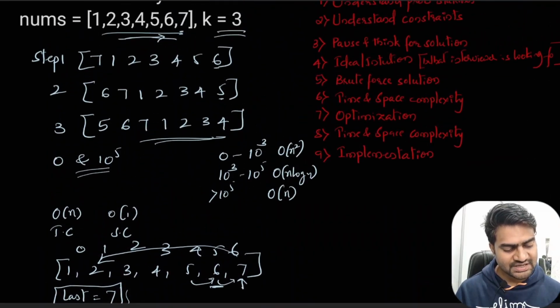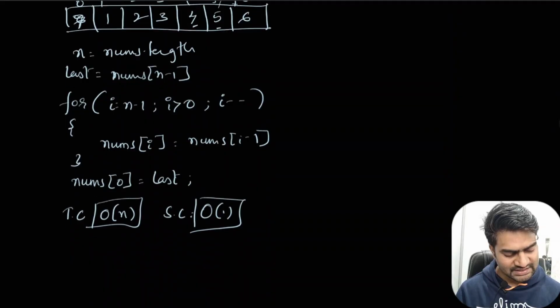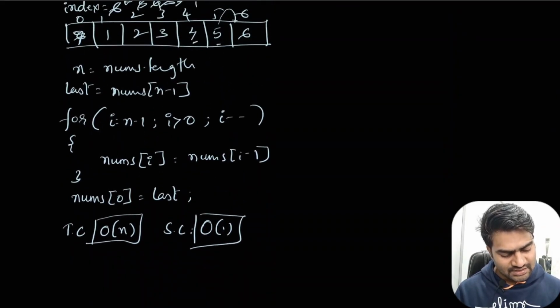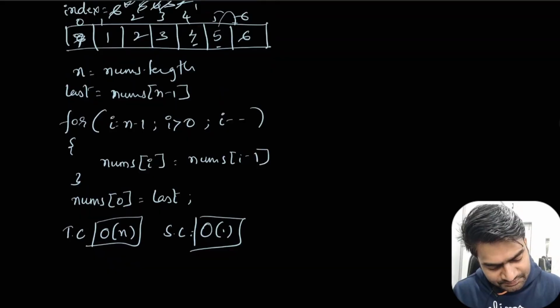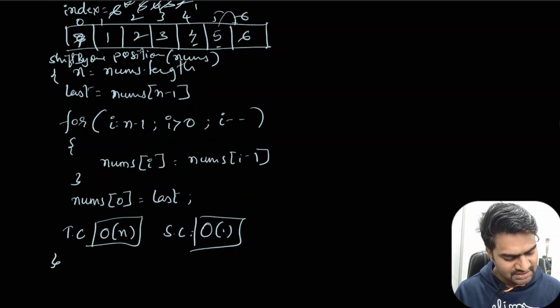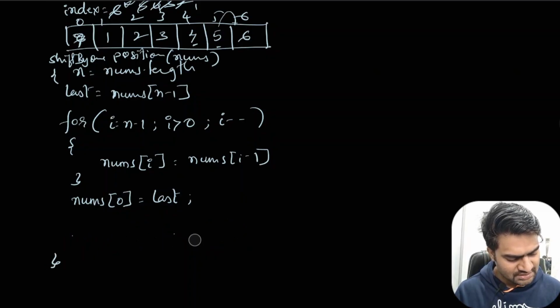So what problem states, we need to move k steps. K can be 1, k can be 2, k can be 3, or k can be n. Okay, so if that is the case, now what I will do, I will call this as shift by one position, then it accepts nums array. Okay, this is one method. So I'll remove this part.